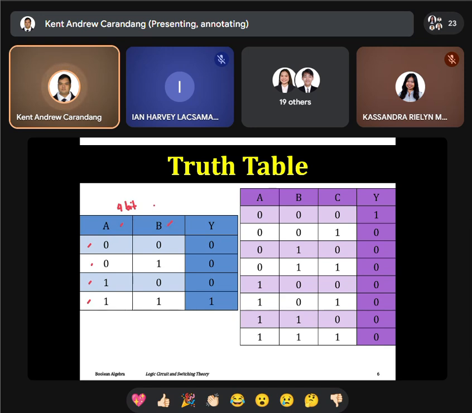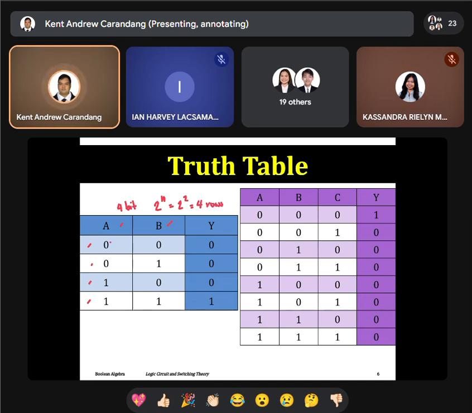We just use the formula 2 raised to n so we can know the rows of this table, where n is equal to 2 because of the inputs A and B. So 2 raised to 2 is equal to 4 rows.